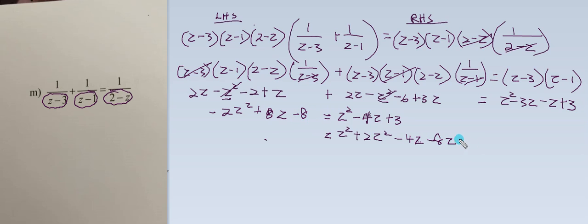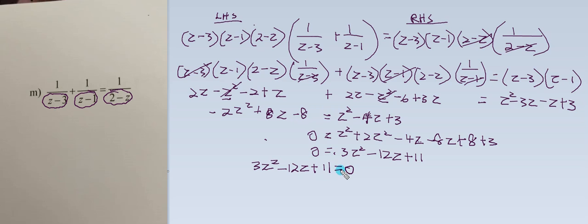Minus 8, bring over becomes plus 8, plus the original 3. So then this side becomes 0. So it becomes 3z squared minus 12z plus 11. This 0 here, move this to the other side, swap the place: 3z squared minus 12z plus 11 equal to 0.